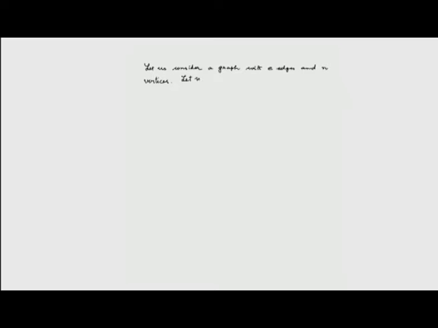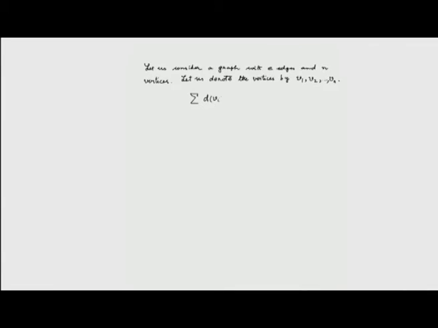Let us denote the vertices by V1, V2 and so on up to Vn. Now, if we sum the degrees of all the vertices, we get a sum like this: the sum of dVi, for i equal to 1 to n.